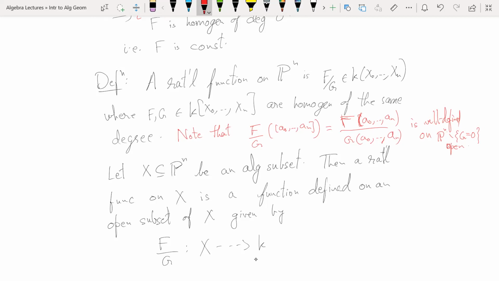So this is how you define rational functions on Pn. And now we do the same thing like we did in the affine variety case.